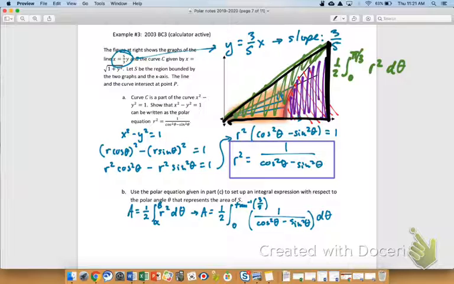So you're not really finding the area under a curve when you're doing polar. No. Well, not in the classic sense, no. This might help, Logan. Instead of thinking I'm finding the area under a curve, think about I'm finding the area between this radial line and that radial line.